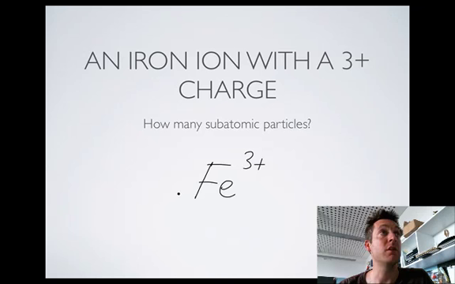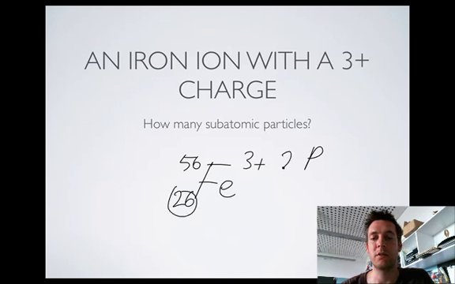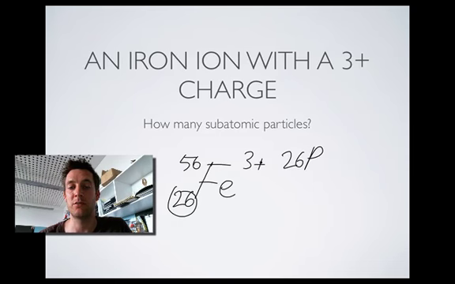Okay, iron, if we look it up on the periodic table, atomic number 26, mass number 56, rounding to the nearest whole number. Okay, how many subatomic particles does it have? Well, protons is easy because it's the proton number or the atomic number, 26. Electrons a bit trickier now because this is an ion, so it's lost electrons compared to what it normally would have.